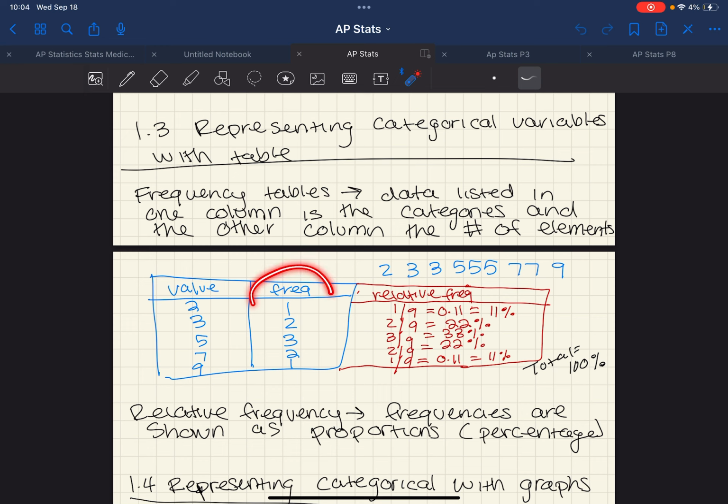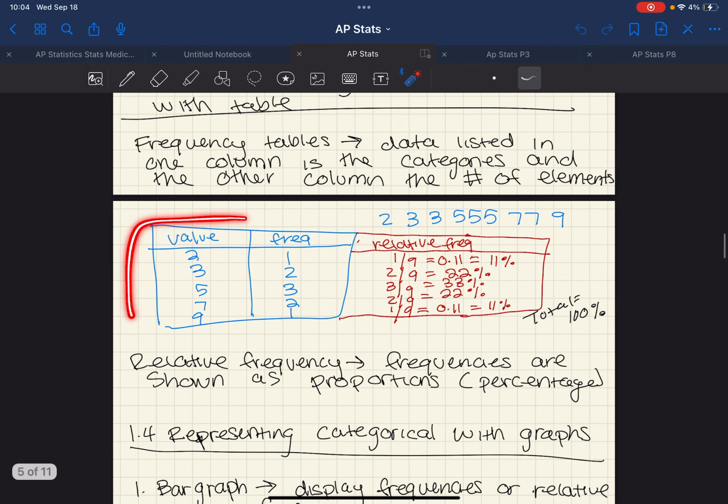Then to find the frequency, I'm seeing how many times this number appears. So number 2 appears one time. Number 3 appears 2 times. Number 5 appears 3 times. Number 7 appears 2 times. And number 9 appears 1 time. So this table right here would just be our frequency table.